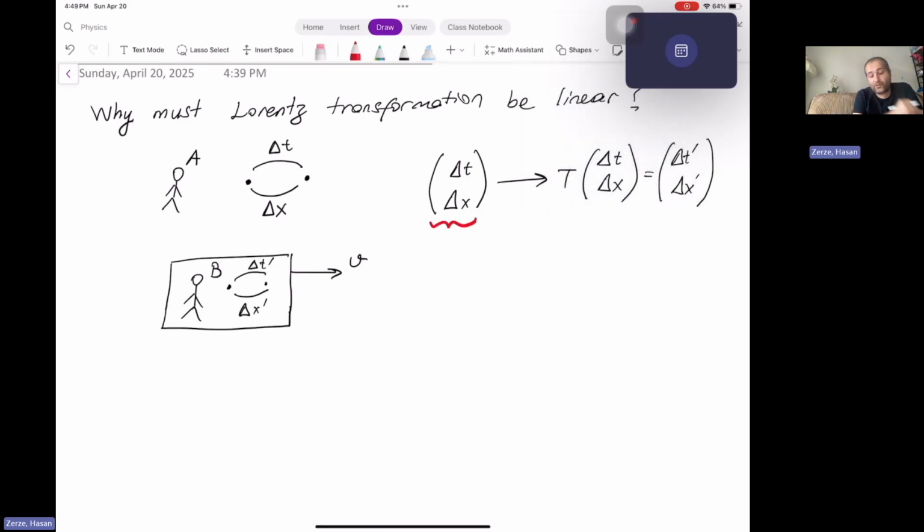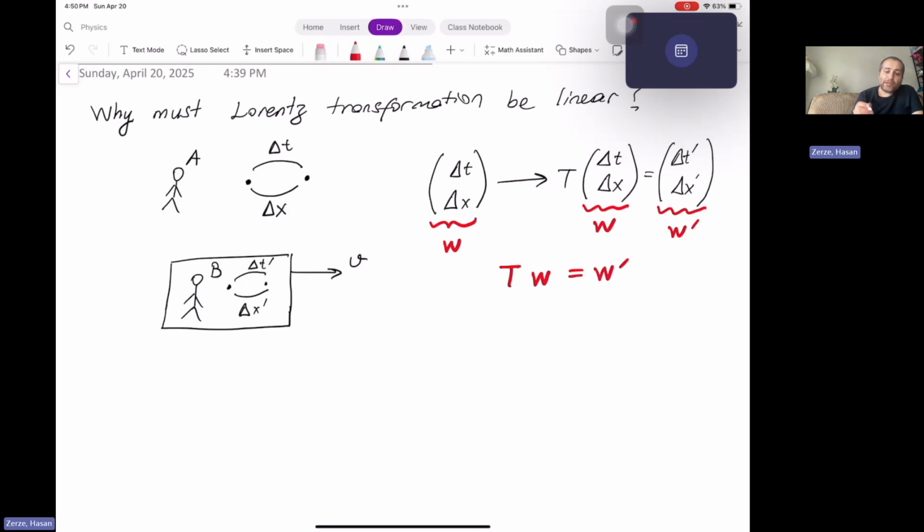When I say vector, I talk about this separation in the time and the separation in the position. Let's call this one vector W, and then let's call this one W prime. So what this transformation is doing, T W happens to be W prime.